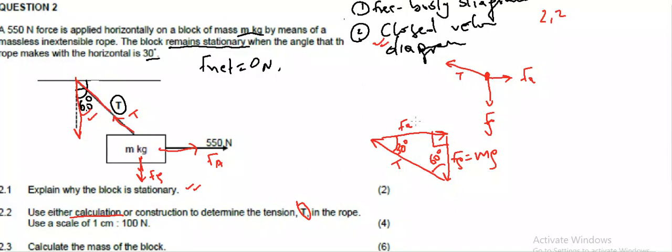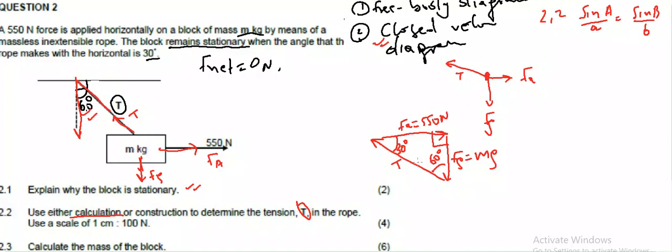Now that the force applied is given as 550 newtons, we can use that force applied to get the tension. How? We use the sine rule, which says sine of angle A divided by the side that is opposite to angle A is equal to sine of angle B divided by the side that is opposite to angle B.